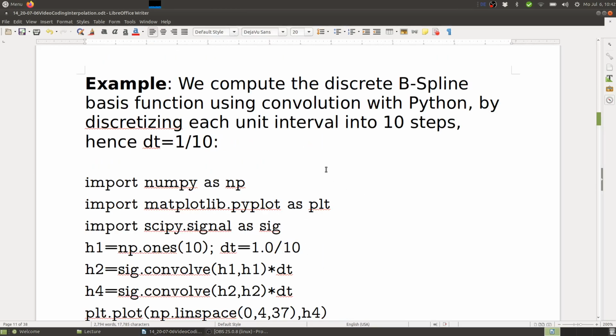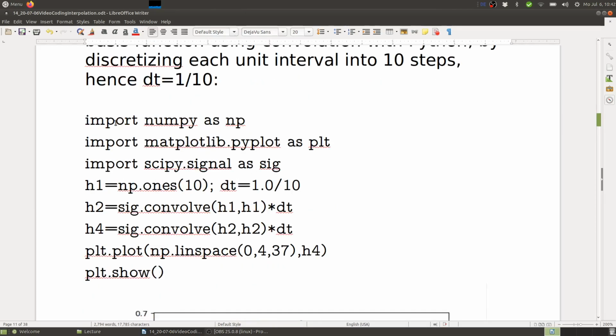Since we don't want to go to continuous space, I just subdivided each interval into 10 steps. So this is an approximation. We have basically an accuracy of 1/10, and we set dt, the resolution, to 1/10. Then we can simply plot it using this Python code.